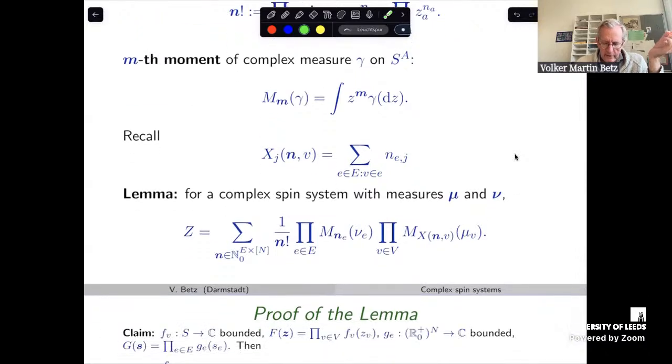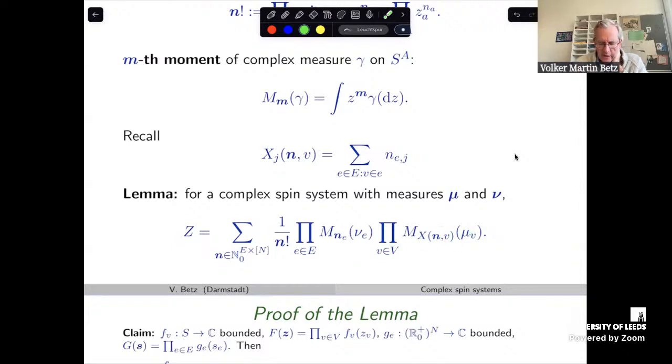This is what I defined before. And so the bridge between these complex spin systems and the graphical models is that the partition function of them, so it's one bridge, is the sum over all occupation numbers, 1 over n factorial, the product over the n_e-th moments of the measure nu_e, times the product over the n_v-th moments of the measure mu_v.